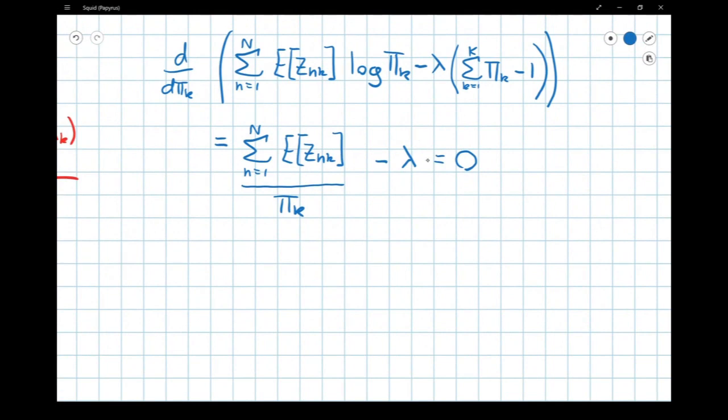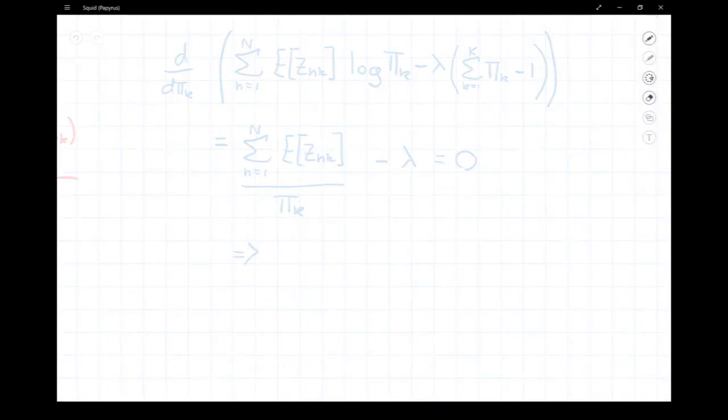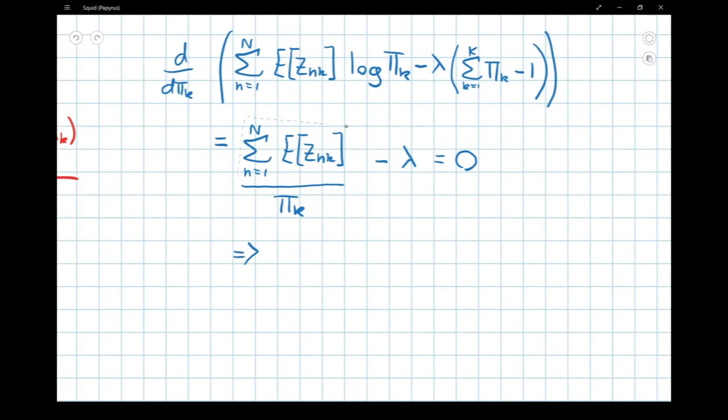Now we need to find out what our Lagrange multiplier is. Well, we know that this implies that we have our summation over the expected z_nk is equal to lambda multiplied by pi k. Then we still have this constraint.